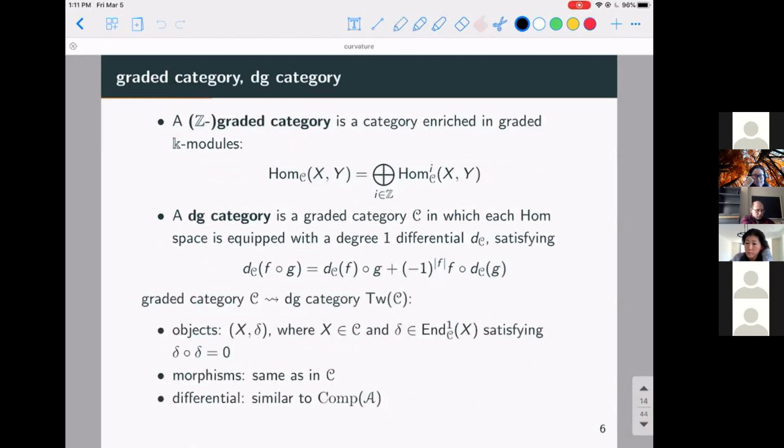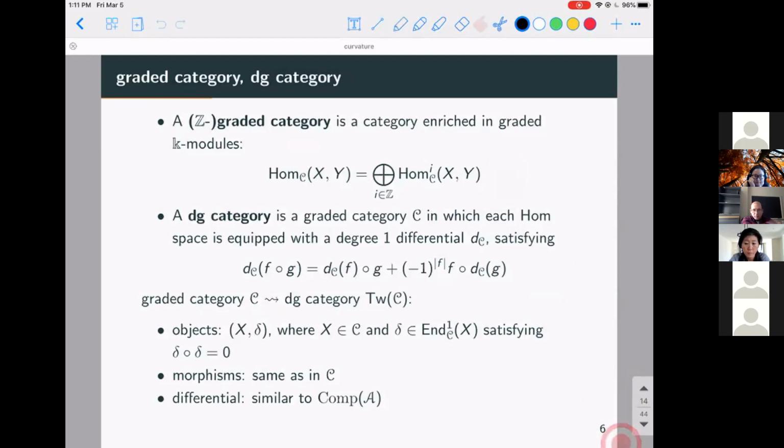So just to make sure we're all on the same page, because I will upgrade this in a little bit. By a graded category, all my gradings are Z gradings. I mean a category enriched in graded K-modules. So my morphism spaces have a Z grading. And a DG category is a graded category in which each Hom space has a degree 1 differential satisfying the Leibniz rule with respect to composition.